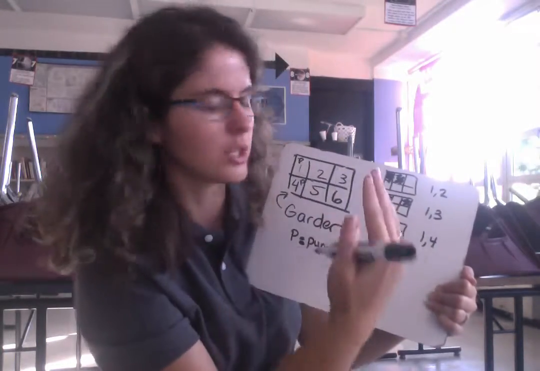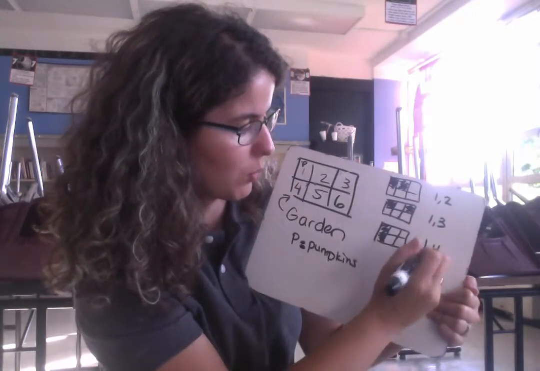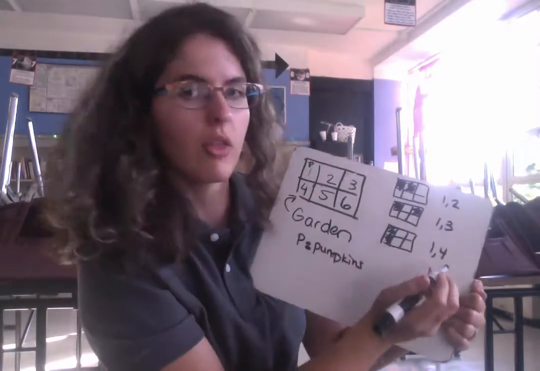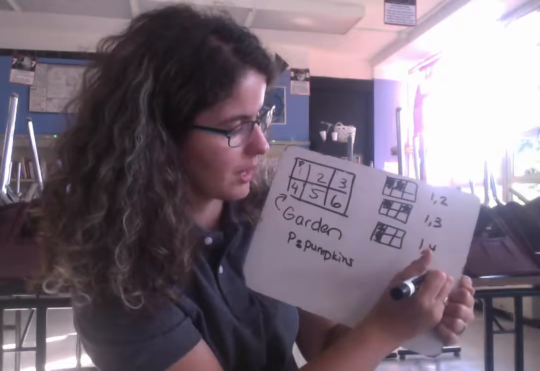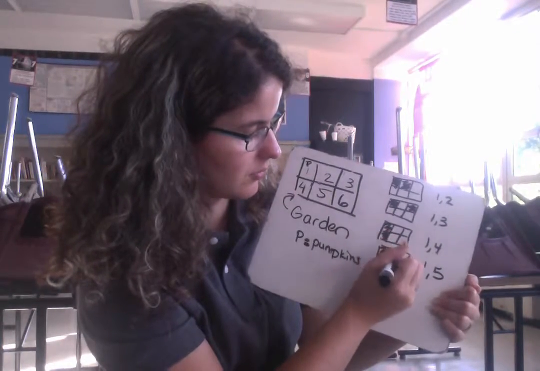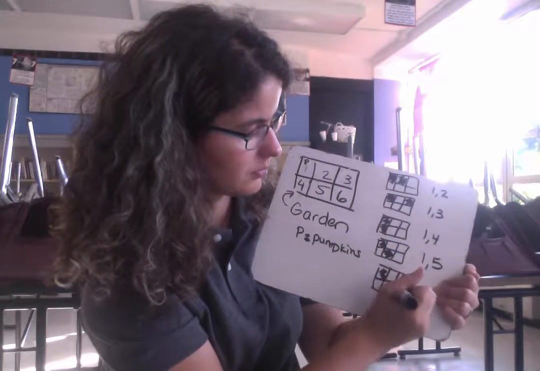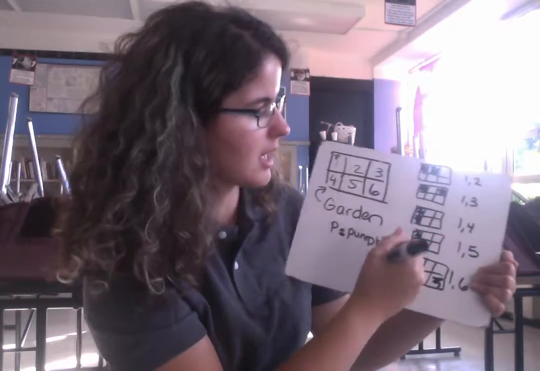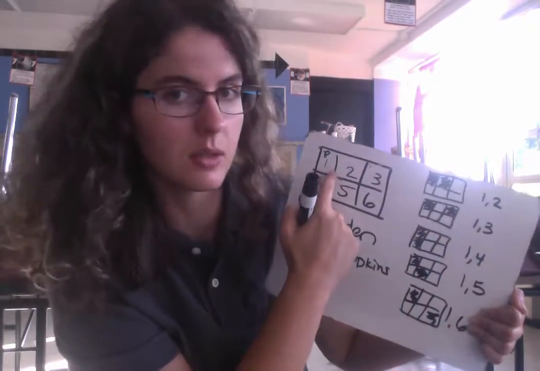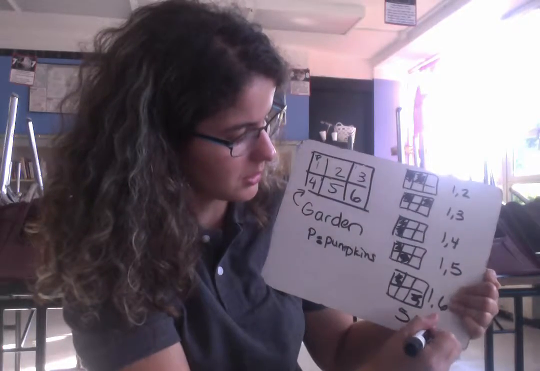Looking at this, I start to notice I can just keep the 1 and move my other pumpkin to one of those other ones. So I would have 1 and 5, and I would have 1 and 6. That means that if one of my pumpkins is in 1, then I have 5 possibilities.